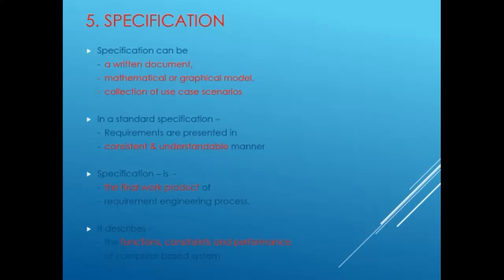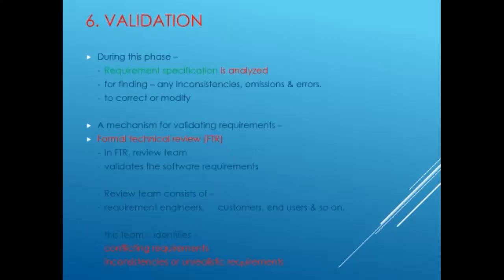In standard specification, requirements are presented in consistent and understandable manner. Specification is the final work product of requirement engineering process. It describes the functions, constraints, and performance of computer-based system.